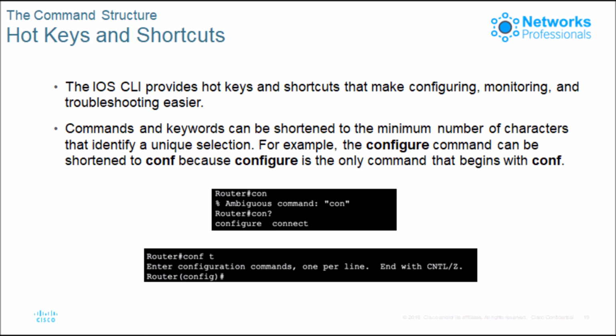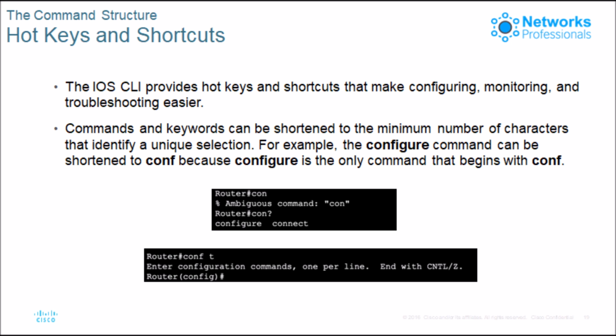Hotkeys and shortcuts. The IOS CLI provides hotkeys and shortcuts that make configuration, monitoring, and troubleshooting easier. Commands and keywords can be shortened to the minimum number of characters that identifies a unique selection.